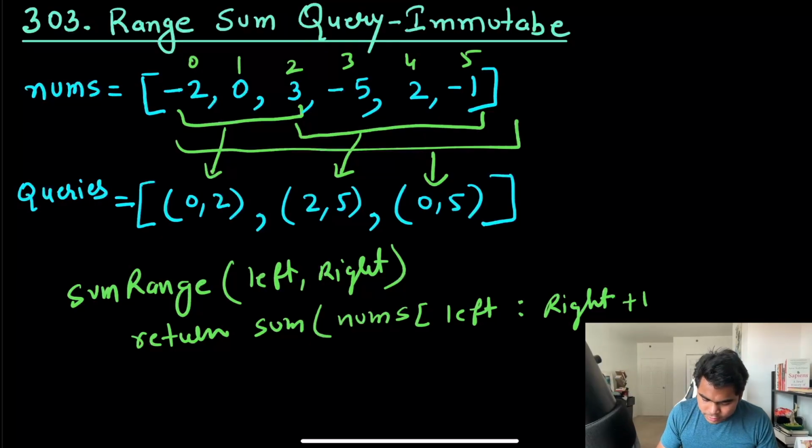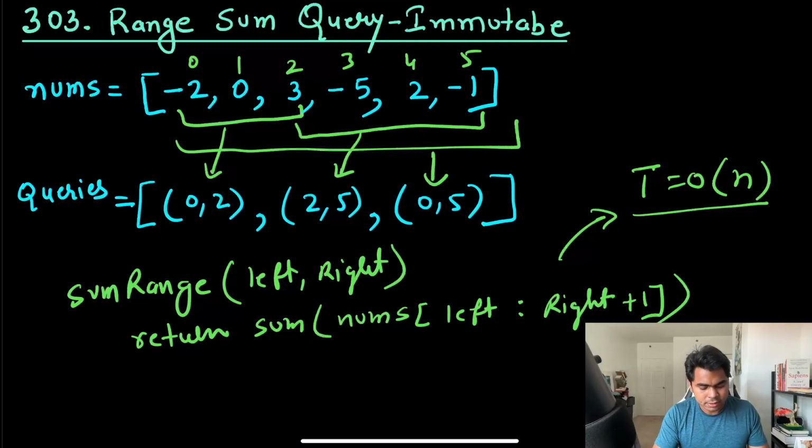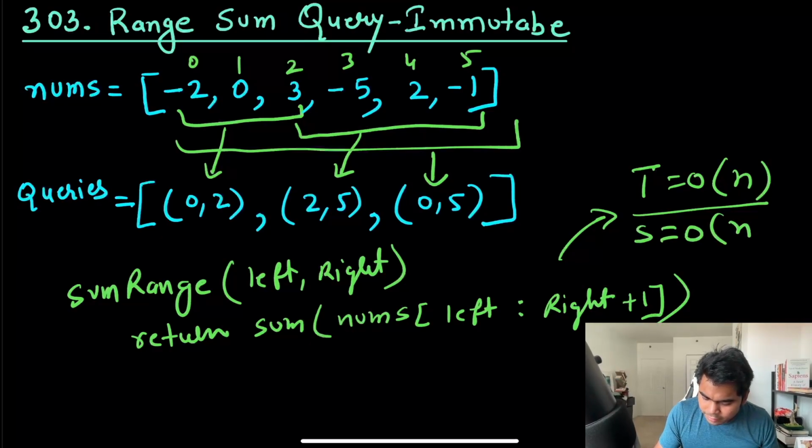Right is exclusive; it starts at left, and goes up to right minus 1. So right plus 1. This is also a solution, brute force. It takes time complexity of big O of n, right? And the space complexity is also big O of n, because we are storing this into our NumArray class.